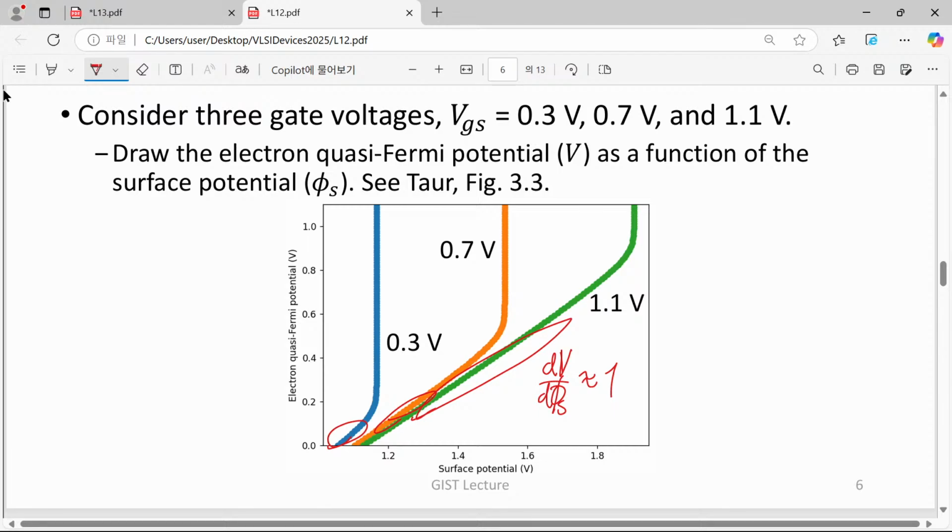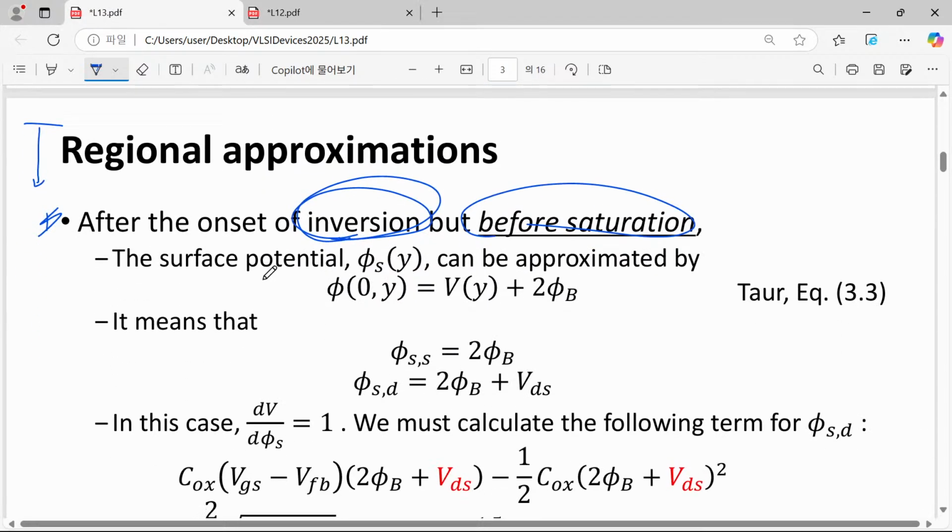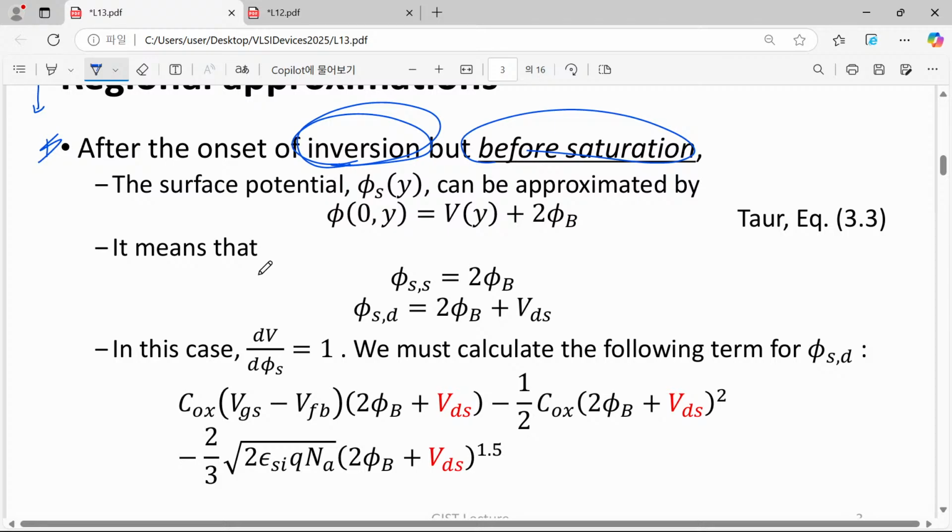So when we apply a certain quasi-Fermi potential, our surface potential will follow a similar amount. That is our assumption. In this case, we can roughly say it this way. Please note that this is valid only in a rough sense.